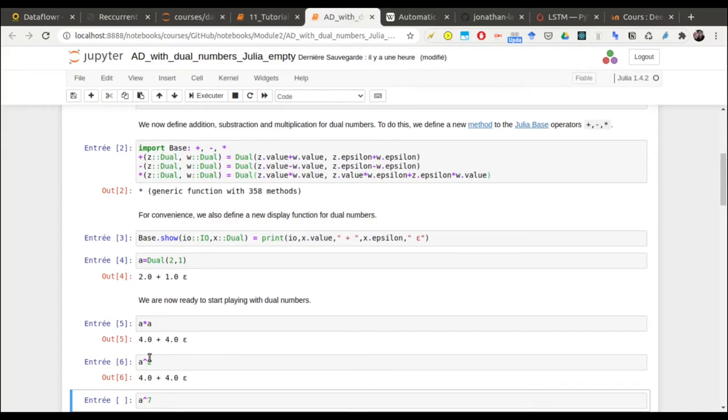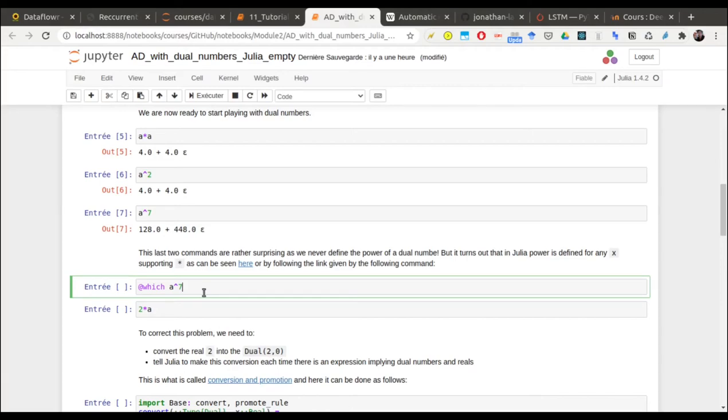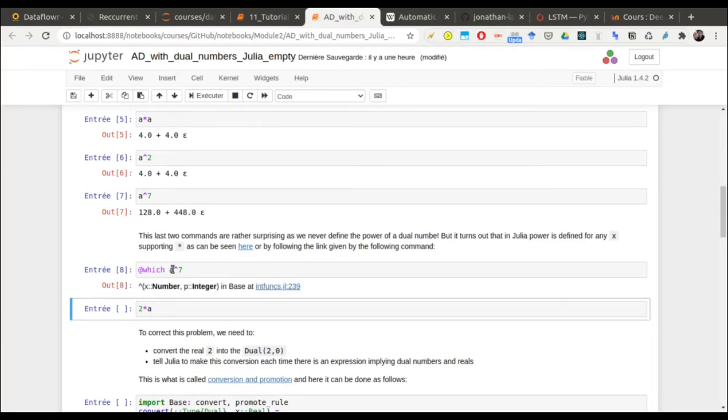But I never defined what is the power of dual numbers. Okay, so let's try with something different than 2, it's still working. And if you want to understand why it's working, you can ask which method Julia is using in order to compute this.